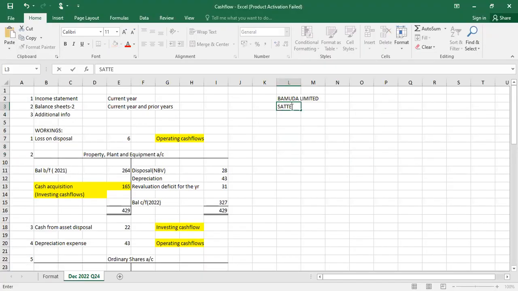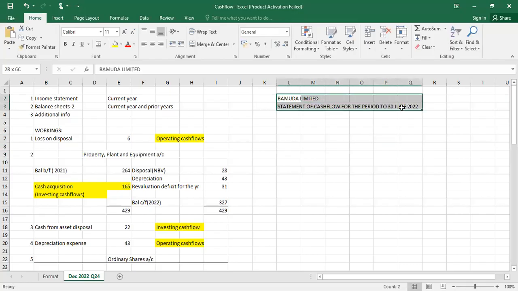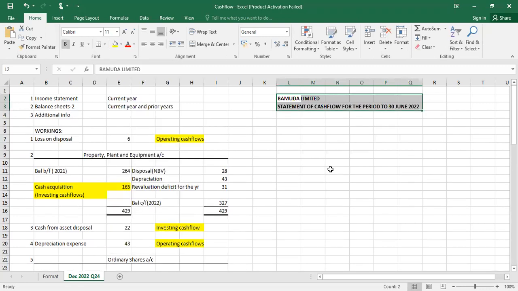This is the statement of cash flow for the period, for the year ended 30th June 2022.